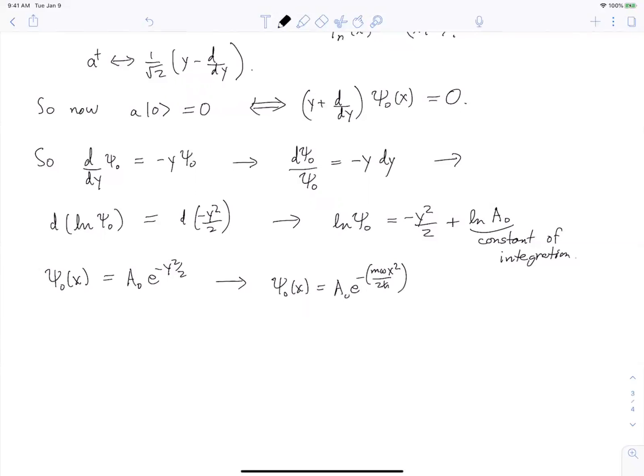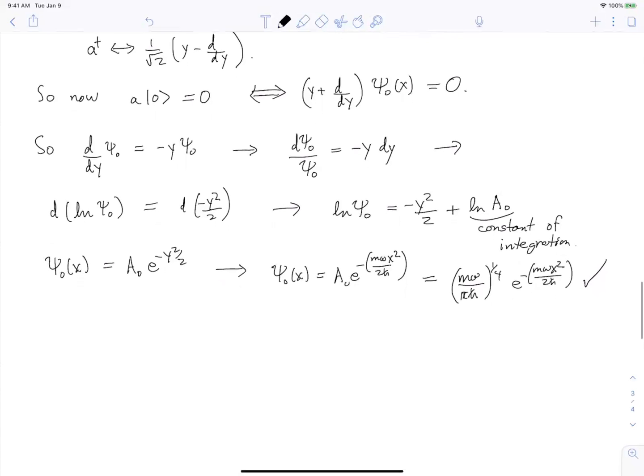And now I can figure out what the constant is by requiring it to be normalized. And that gives (m omega over pi h bar) to the 1/4 times the exponential. So notice that what happened is we still had to solve a differential equation, but this differential equation was much nicer than the one we solved working directly in the position representation. But at least it checks.